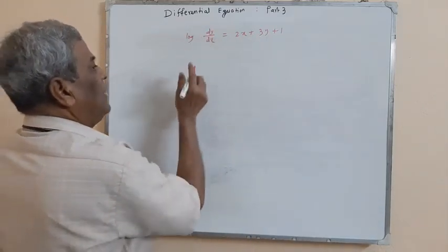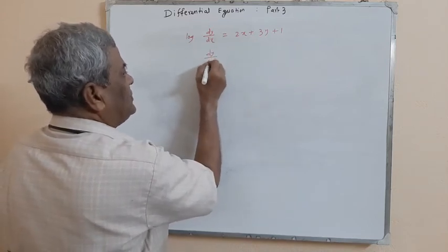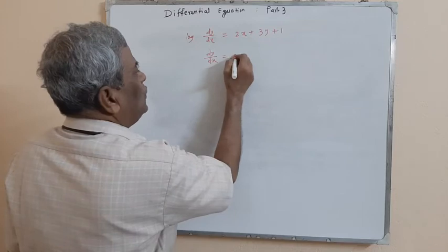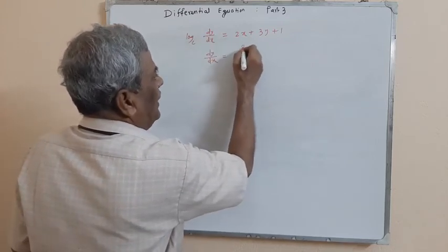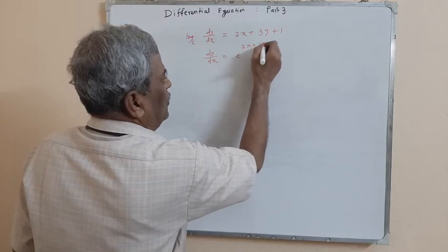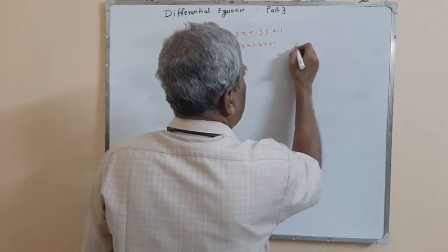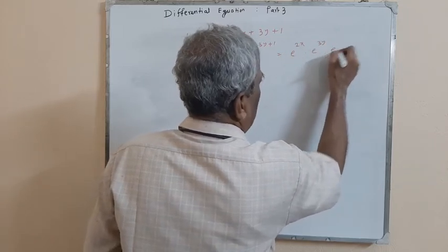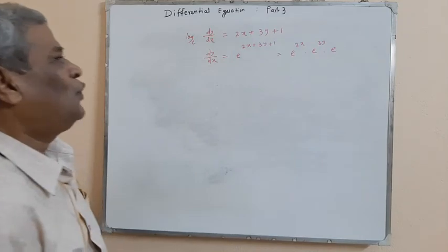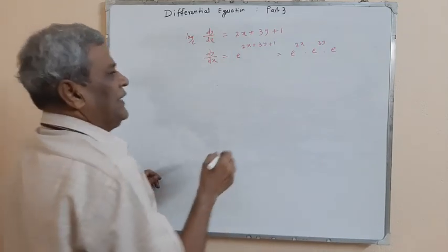So from the given relation, dy by dx equals e to the power 2x plus 3y plus 1, as it is log base e. So it is equal to e to the power 2x into e to the power 3y into e to the power 1. So the variables can very easily be separated.